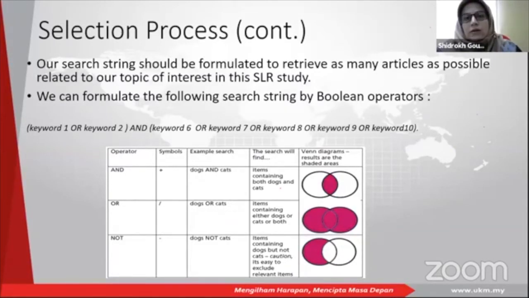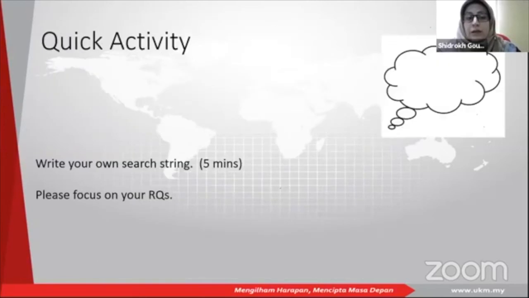I will show you some examples and ask you to prepare your search string to select the most related work. By using a search string, your strategy is very accurate, and you can find the most related work.